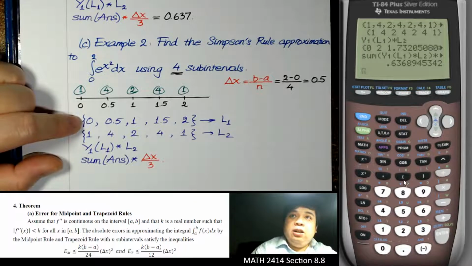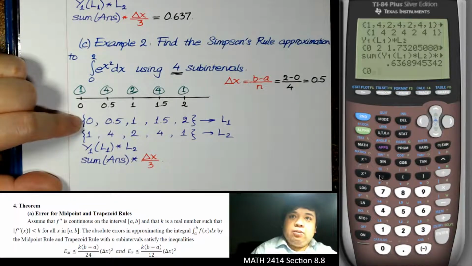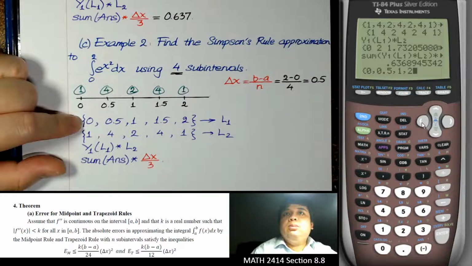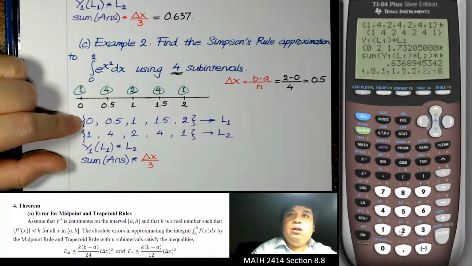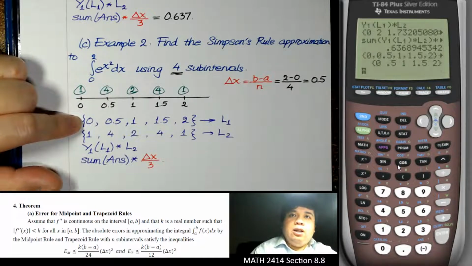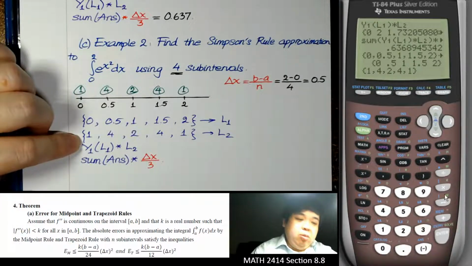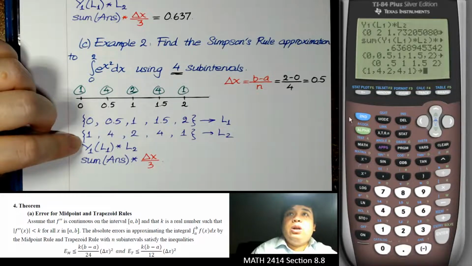So second parentheses, 0, 0.5, 1, 1.5, and 2. Store to list 1. And then list 2: 1, 4, 2, 4, 1. Close the parentheses, second parentheses. Store this into list 2.